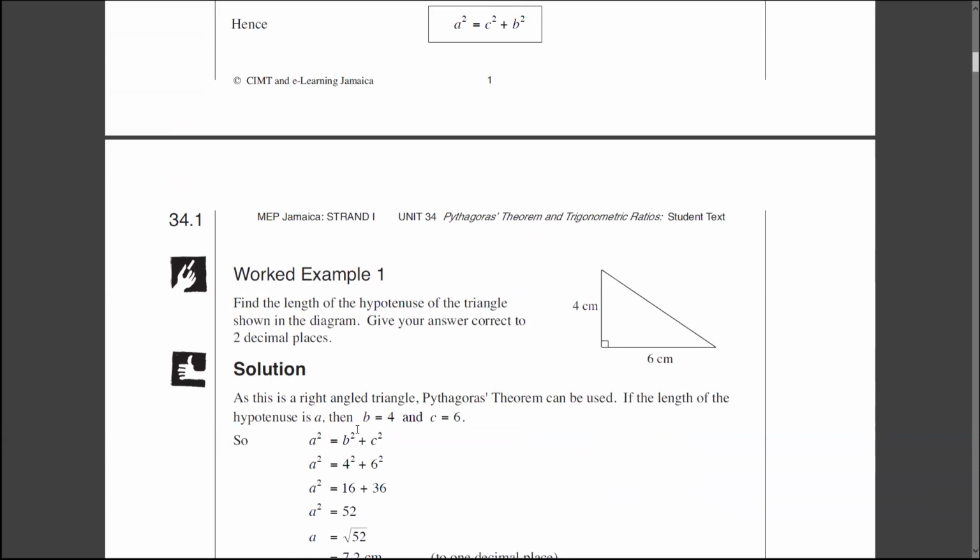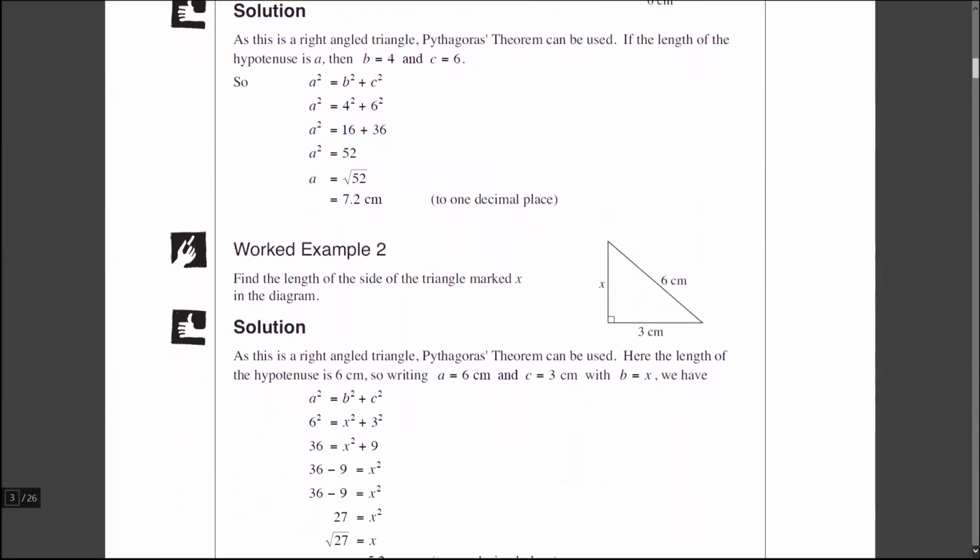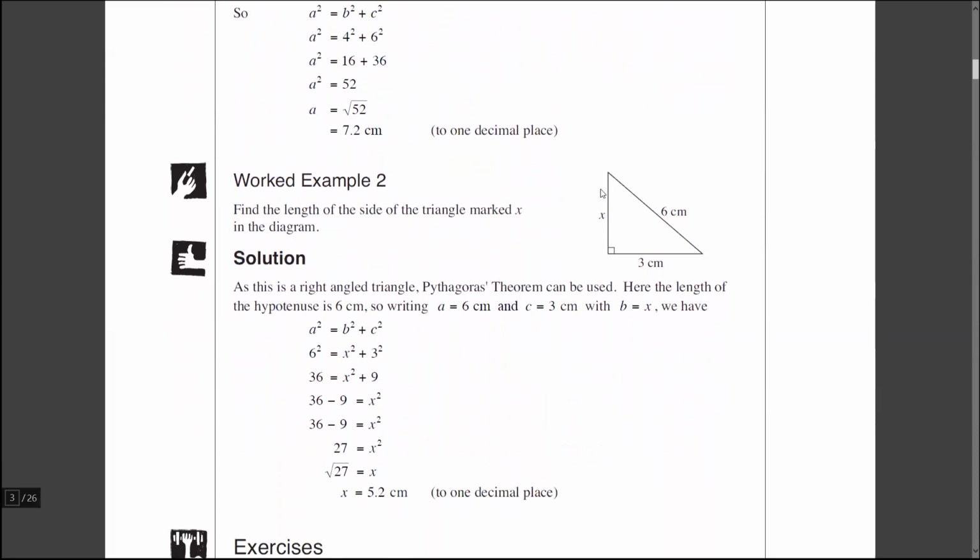So basically the sum of the squares of the two shorter sides should equal the square of the longest side, right? But in this question, they're asking for the length of one of the shorter sides. So all you have to do is substitute for the longest side here.